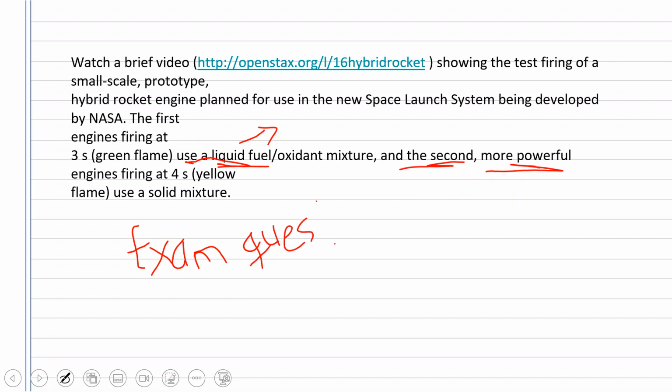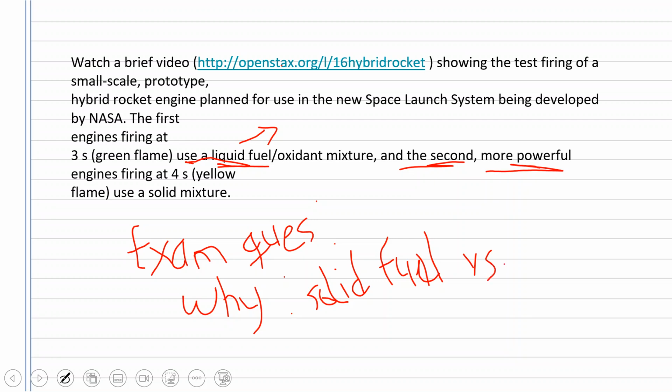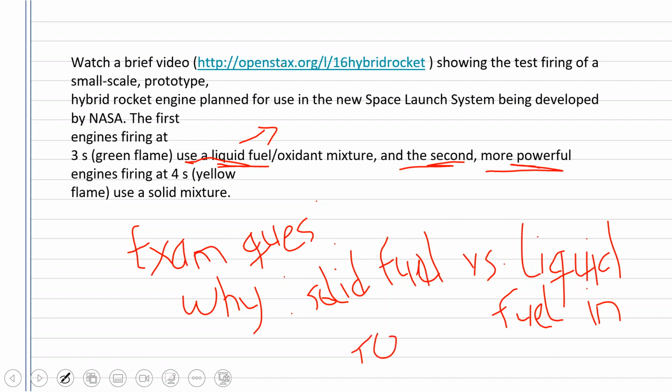And the question is why solid fuel versus liquid fuel in rocket engines. That'll be a good exam question.